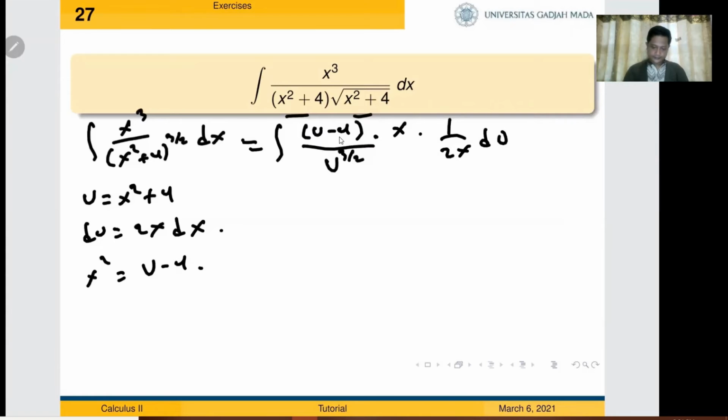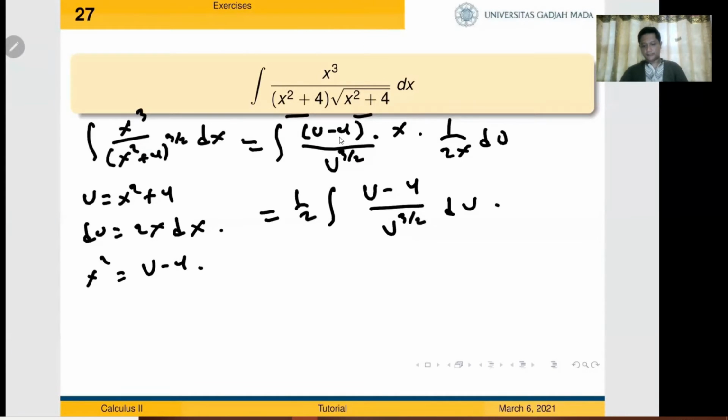And my x will disappear. Okay, it's nice. So I have half of the integral of u minus 4 over u to the 3 over 2 du.